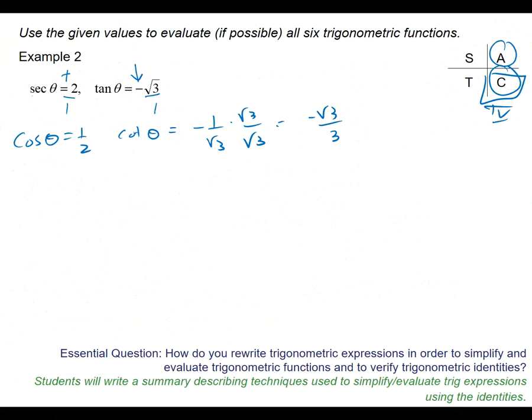All right, let's try to find a sine. What could I use that would relate sine to any one of those other identities? What formula? Is there a way I can relate cosine to sine? Yeah.